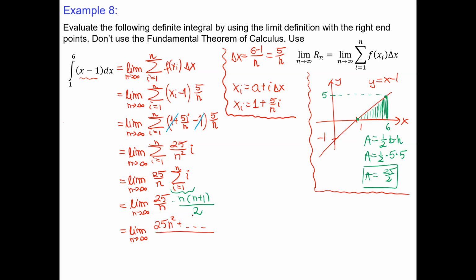Oh, did I lose something? Oh, I did lose n squared. We can see n squared, n squared. We will have 2n squared. Okay, and this limit is, we have n squared in both, the ratio of the leading coefficients, 25 over 2.